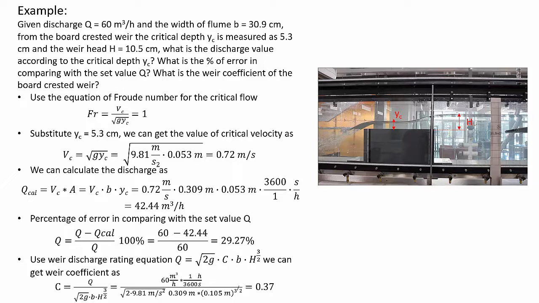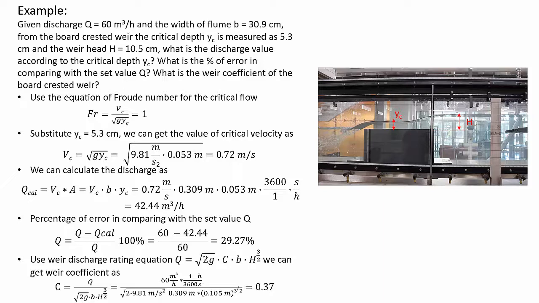Substituting the previously calculated values, we get the calculated discharge as 42.44 cubic meters per hour. And the percentage error in comparison with the set value 60 is about 29.27%.